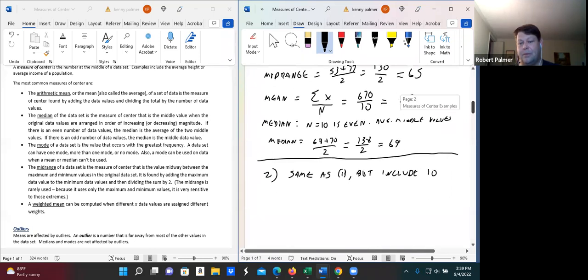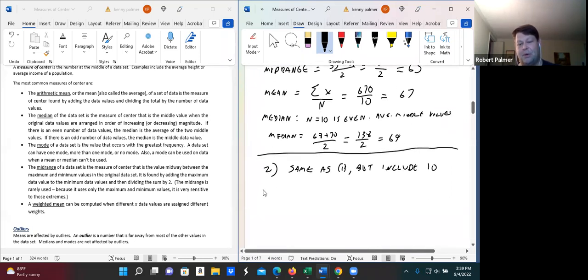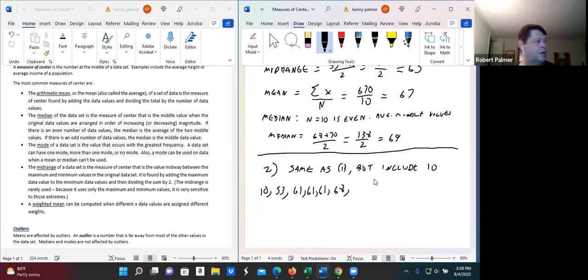So I suppose I can just rewrite my data. So 10 and then 53, 61, 61, 61, 68, and then 70, 70, 74, 75, and 77.